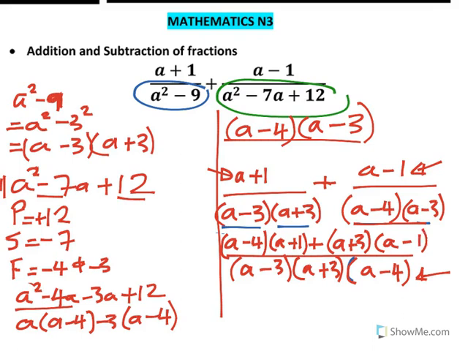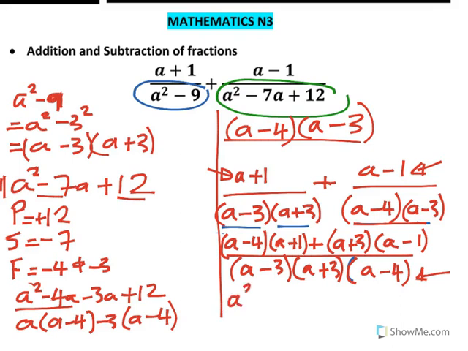Now, when you have done that, you can try to expand everything on top to see what you're going to get, so that you can see whether you can further simplify it, if it's a quadratic equation or what you have. In other words, you're expanding using the FOIL method.